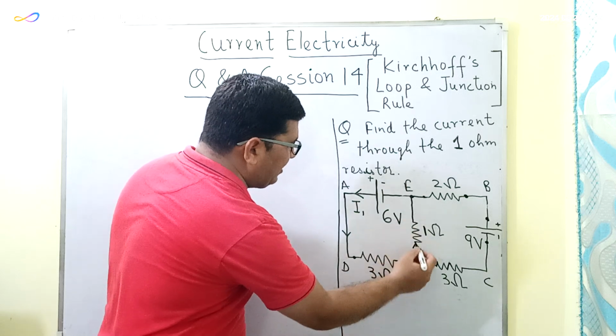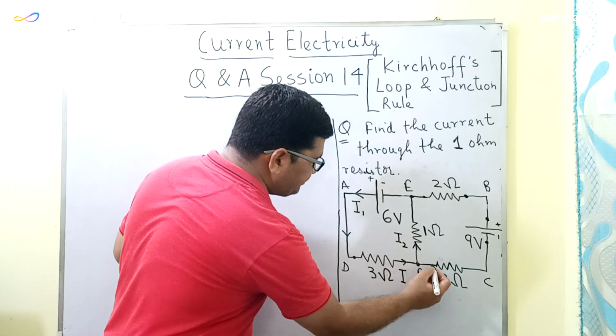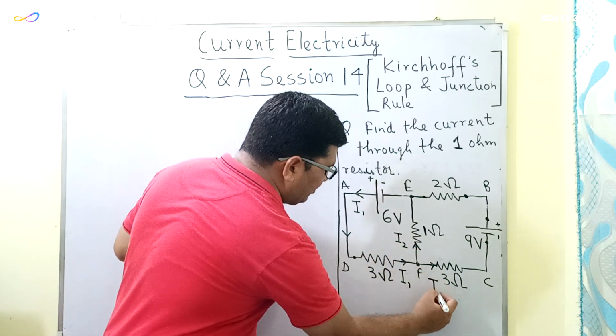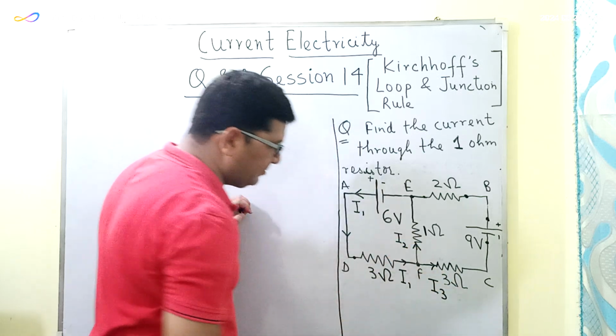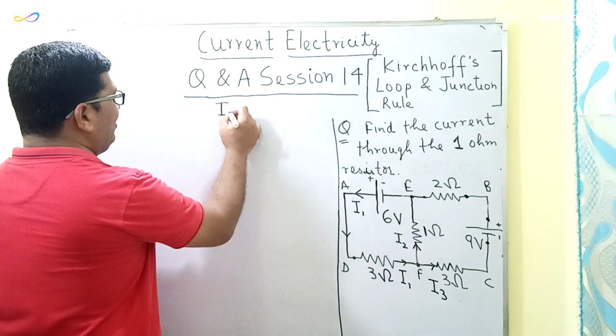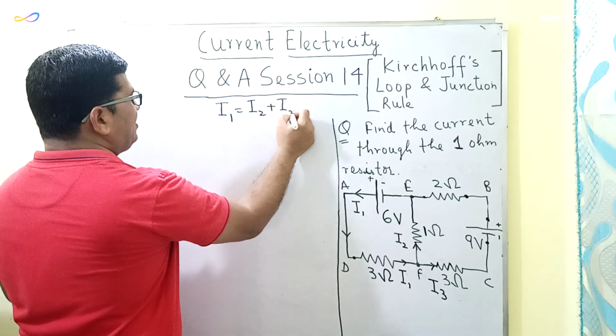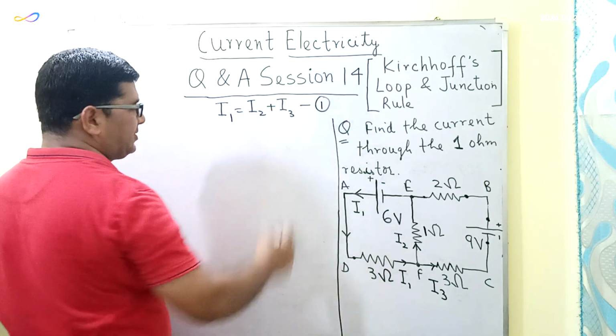Let us say the current which is flowing through this 1 ohm resistor is I2, and the current which is flowing through this 3 ohm resistor is I3. So as per the junction rule, I1 will be equal to I2 plus I3. So this is the first equation which we have got with the help of the junction rule.